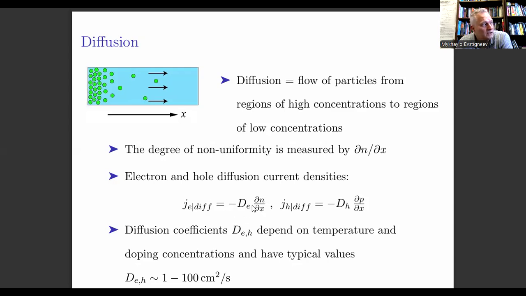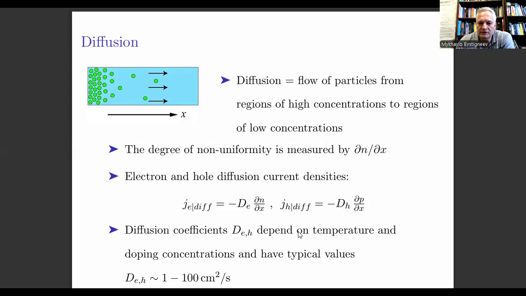The proportionality constant, capital D, is called the diffusion coefficient. In semiconductors, you need 2 diffusion coefficients, one for electrons and one for holes. They both enter the expressions for the flux of electrons due to diffusion and for the diffusive flux of holes.